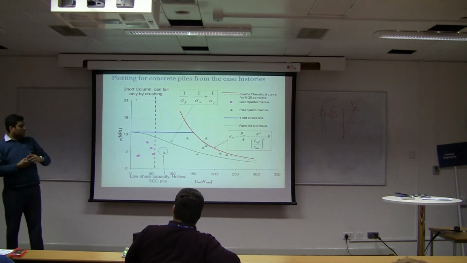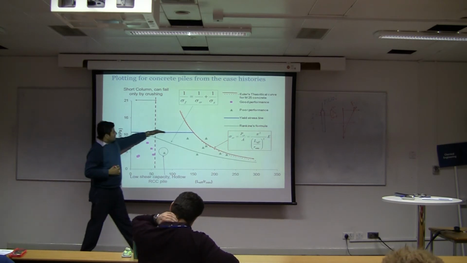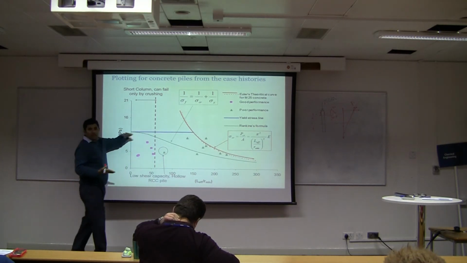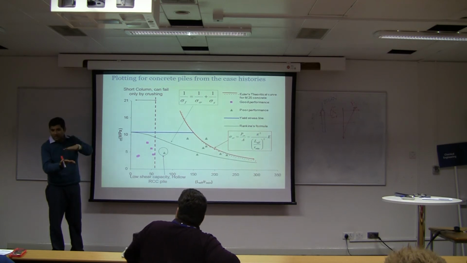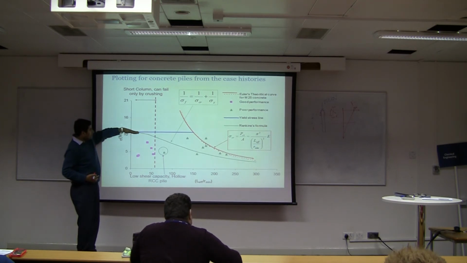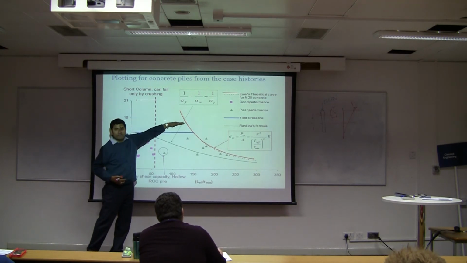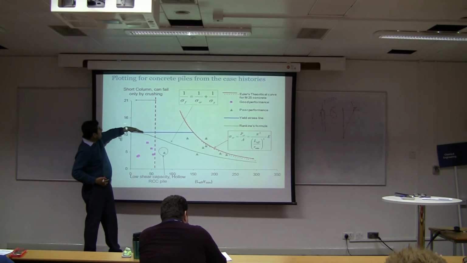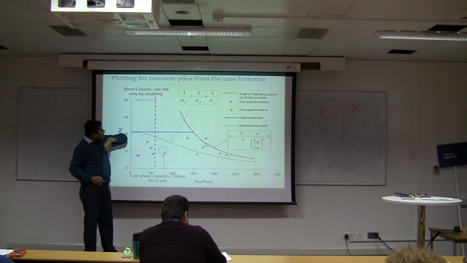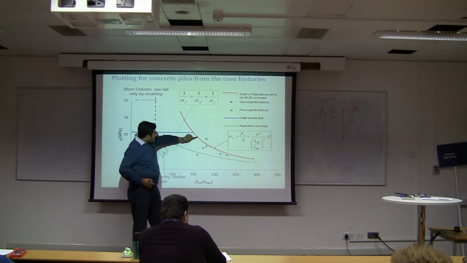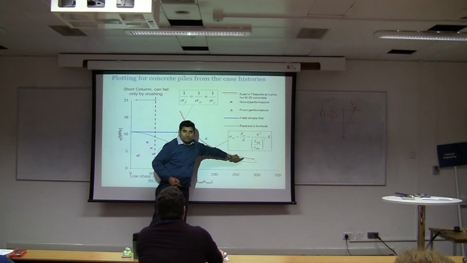So that is that line. If the axial load is high, at a certain stress it will crush. So this one is a no-go zone. You will have material failure.